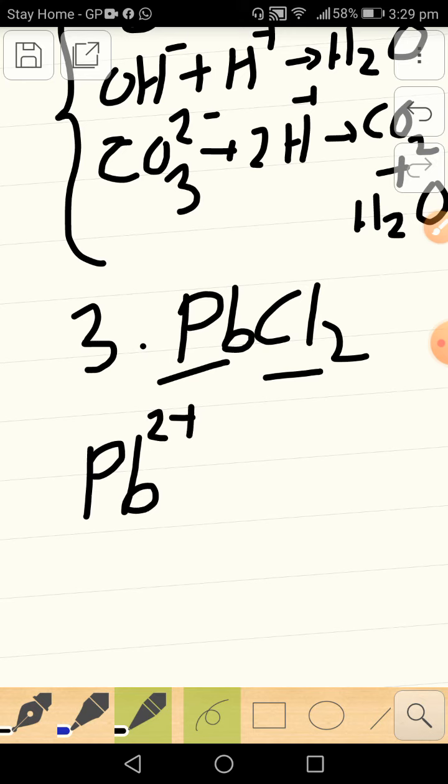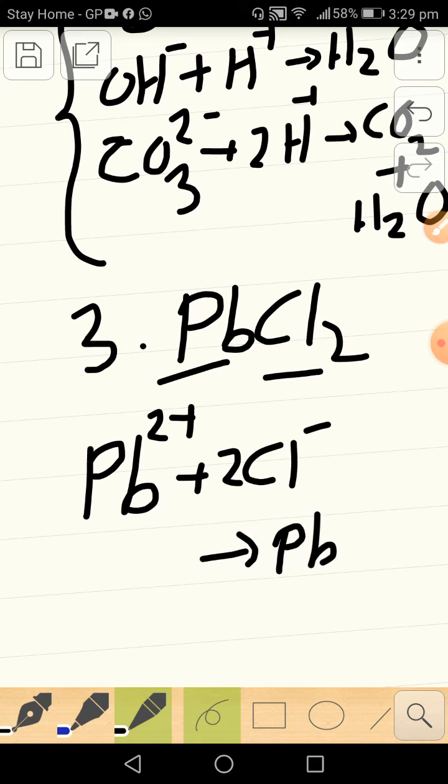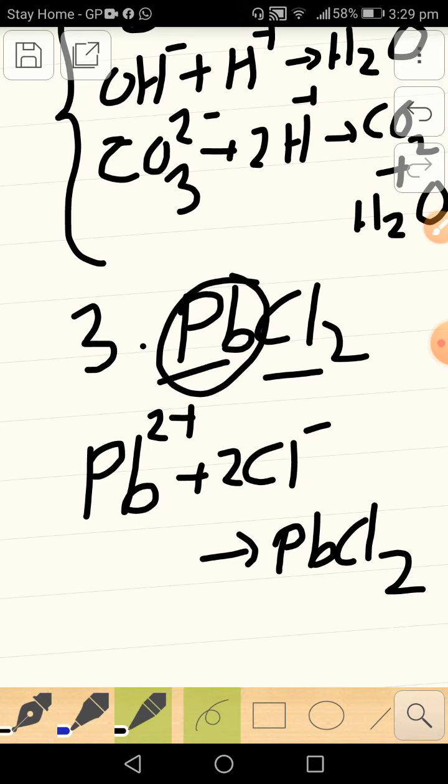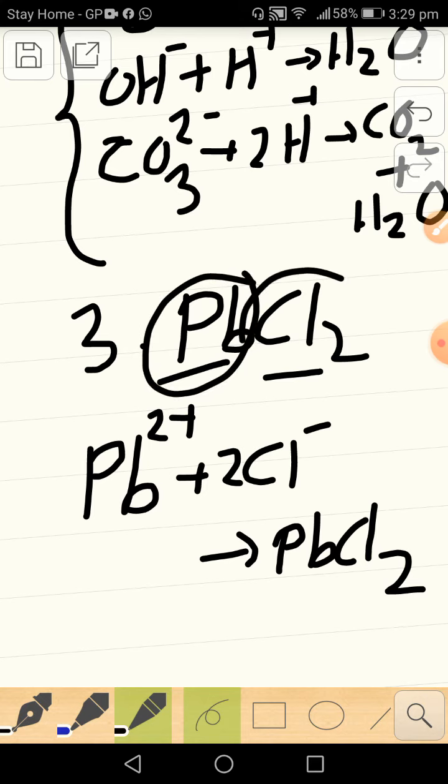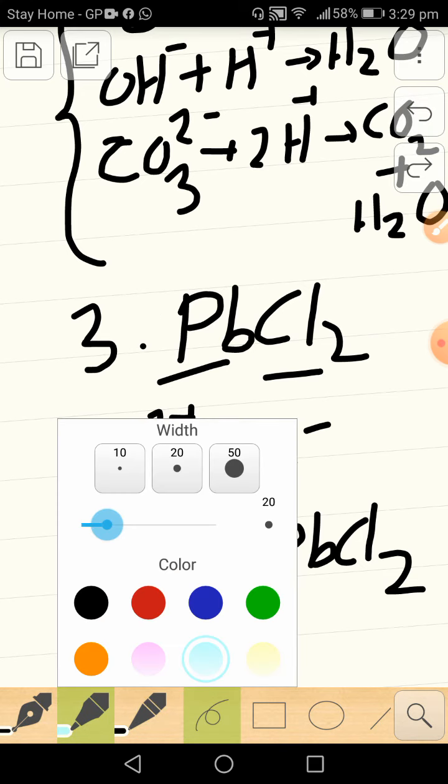So Pb2 plus 2Cl minus, this will give PbCl2.